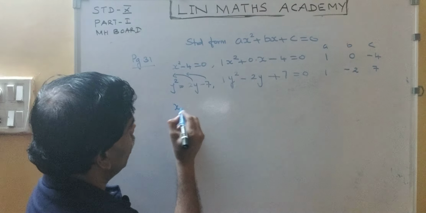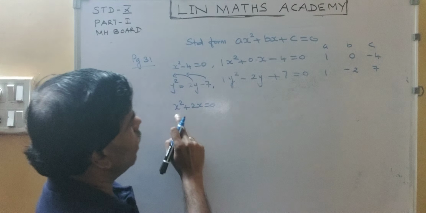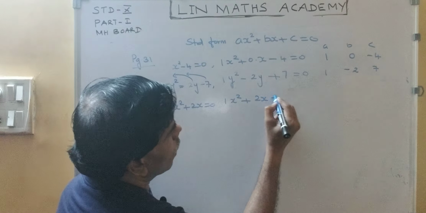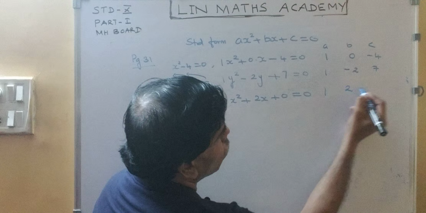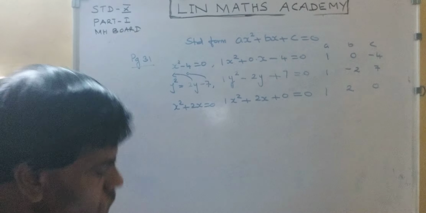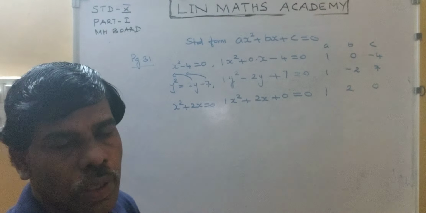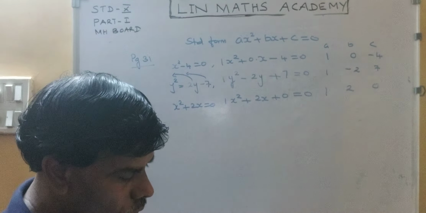Another one, x square plus 2x equal to 0. So again we will write x square term is there, x term is there, but constant is not there. So we will put 1, 2, 0. So now you are knowing how to write the given quadratic equation in a standard form.